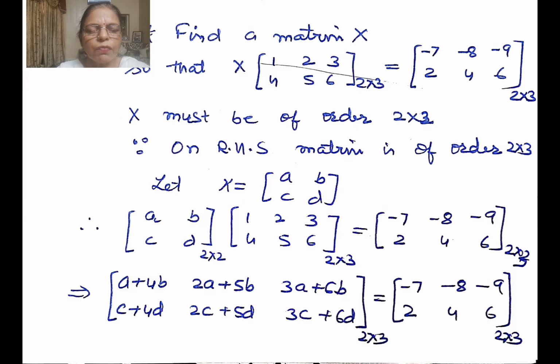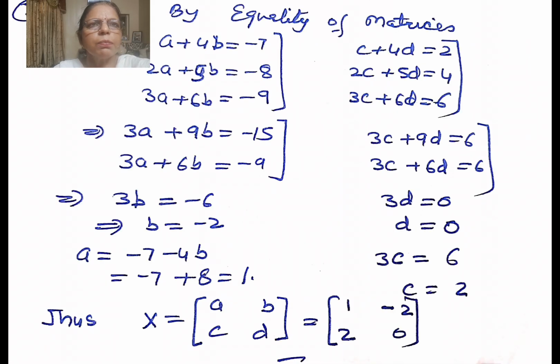By the definition of equality of matrices, equating the elements, we get A plus 4B is equal to minus 7, 2A plus 5B is equal to minus 8, 3A plus 6B is equal to minus 9, and C plus 4D is equal to 2, 2C plus 5D is equal to 4, 3C plus 6D is equal to 6.